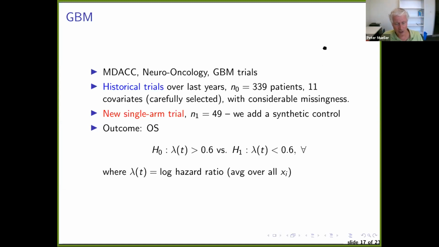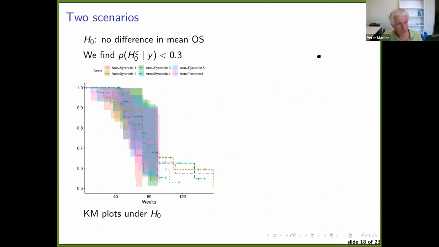That's what our clinical colleagues thought was a reasonable threshold to go after. Sorry, where lambda here is the log hazard ratio. Since it's not a proportional hazards model, the log hazard ratio is still indexed by time. So the notion here would be that it's below or above 0.6 for all time points.